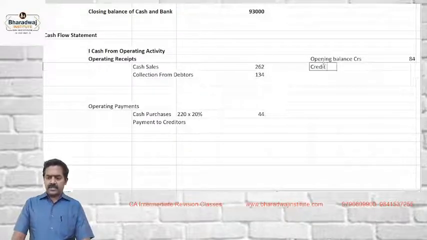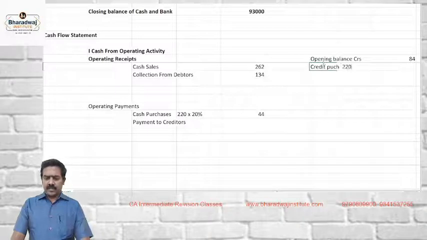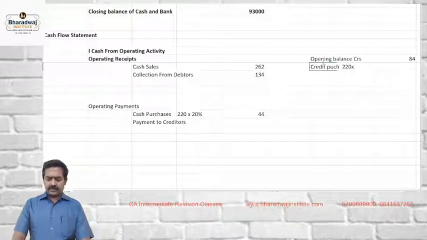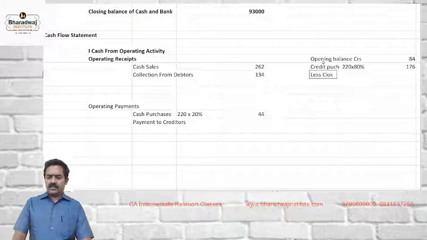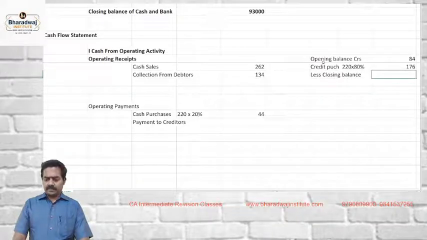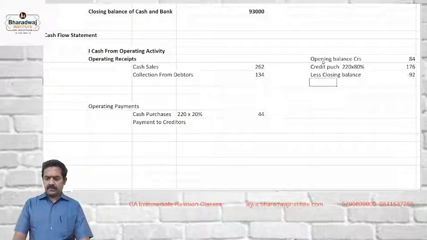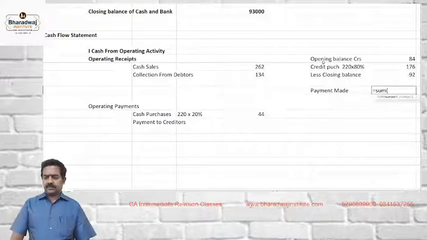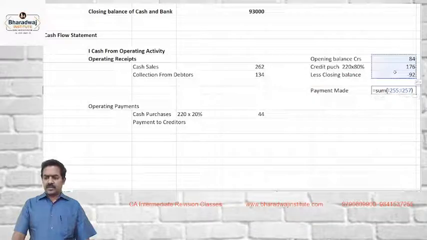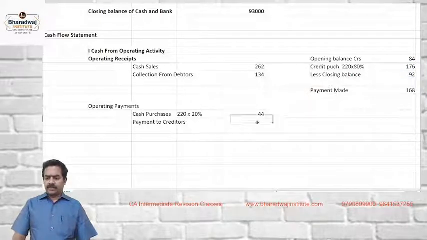What is the credit purchases? 220 into 80%. 176. Less closing balance. What is the closing balance? This will give us payment made. Or you can prepare a ledger account and find out. Since there is no discount, etc., payment made to creditors how much? 168.